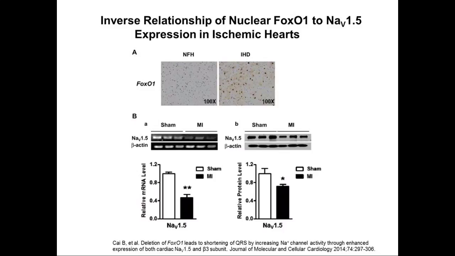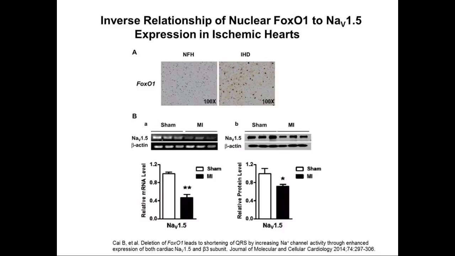So why do we have such an interest in these two signaling pathways? My long-term goal is to understand the mechanisms of arrhythmias in myocardial infarction patients. First, we try to understand changes in transcription factor activities after myocardial infarction. This is a human failing heart, and as you can see, FOXO1 is significantly translocated to the nucleus.